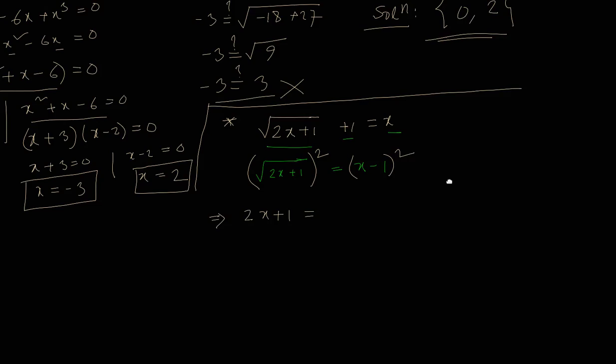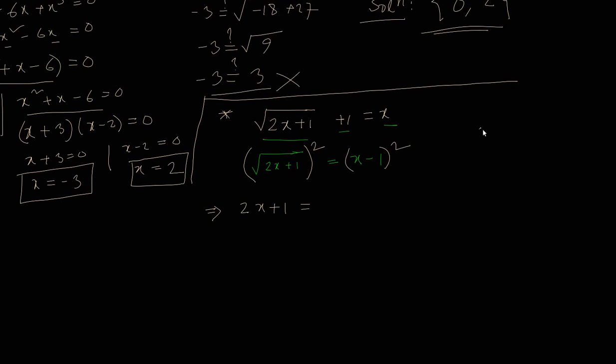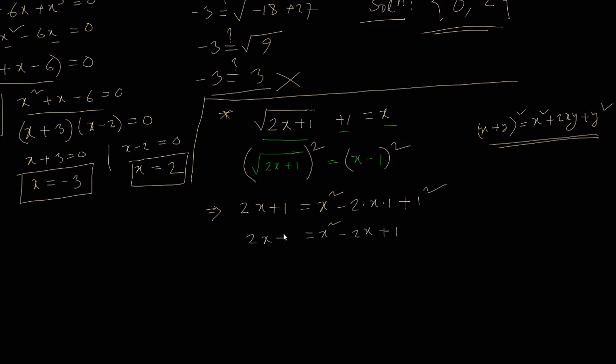Now I just want to remind everybody that x plus y square is x square plus 2xy plus y square. We have seen this equation before. So x minus 1 square will be x square minus 2x plus 1, and on this side I have 2x plus 1.